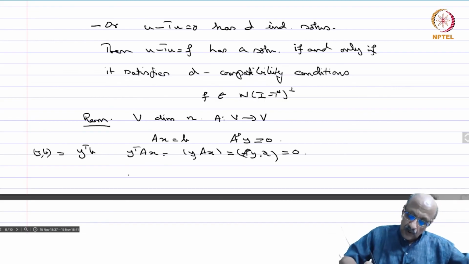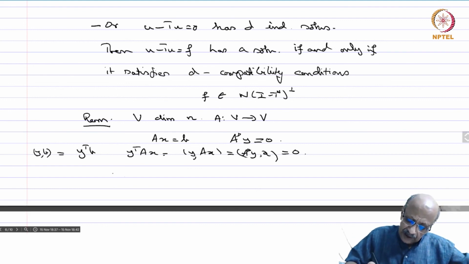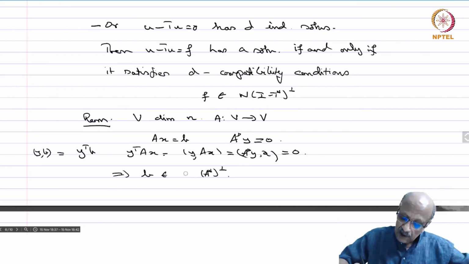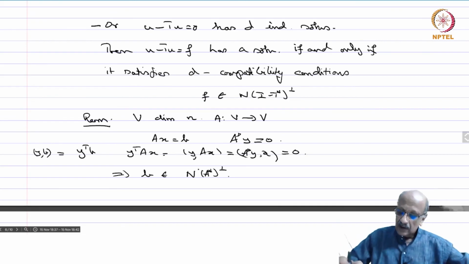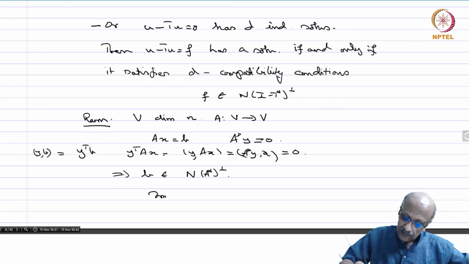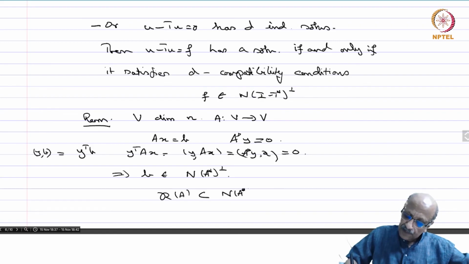So this means that if you have a solution to this equation, then a necessary condition is that b belongs to the kernel of A* perp, or in our language, N(A*)^⊥. So the range of A is contained in the null space of A* perp.